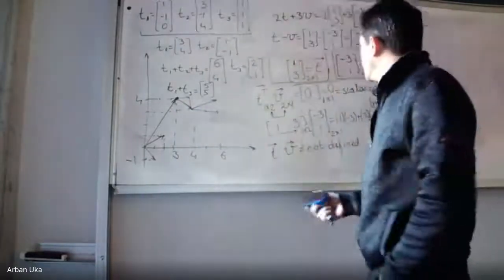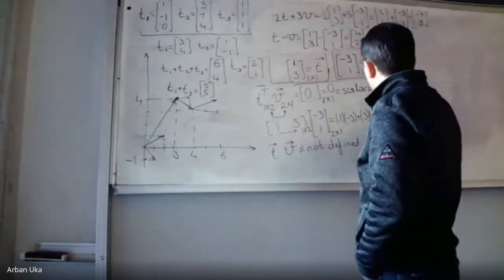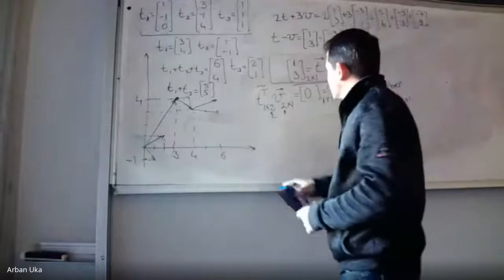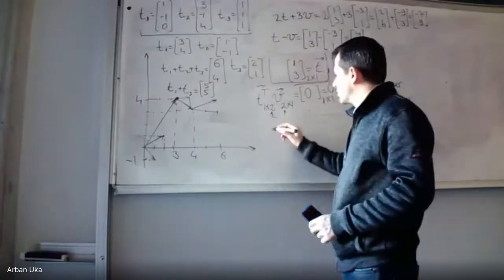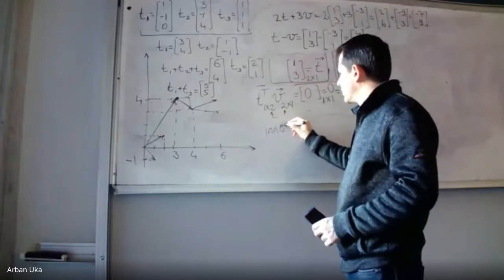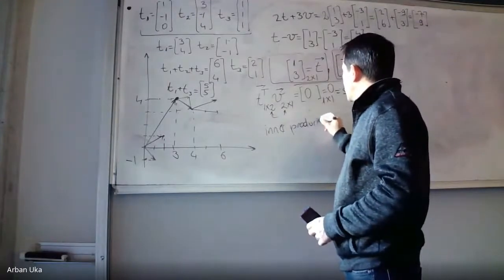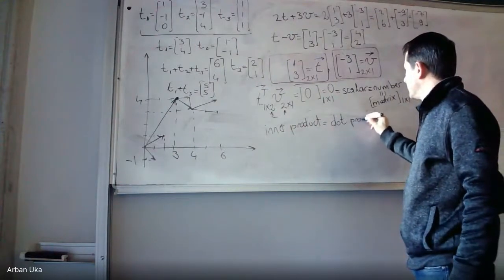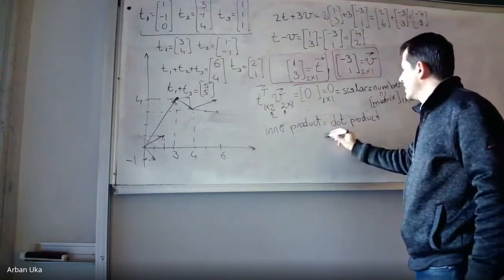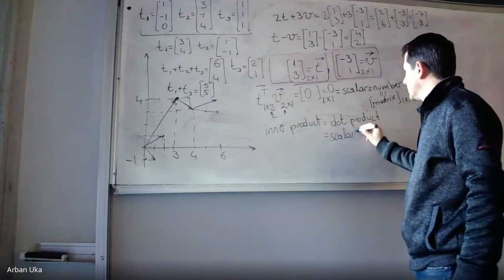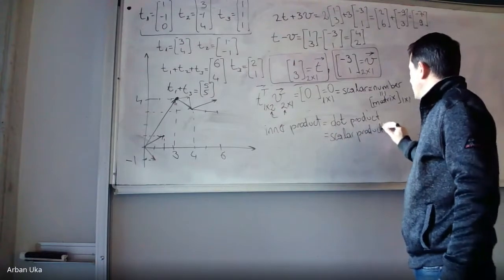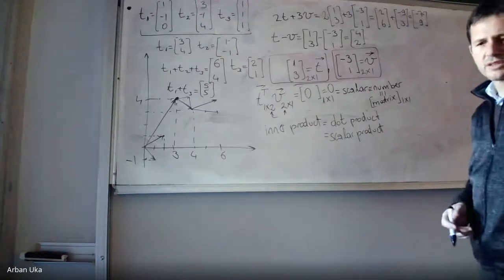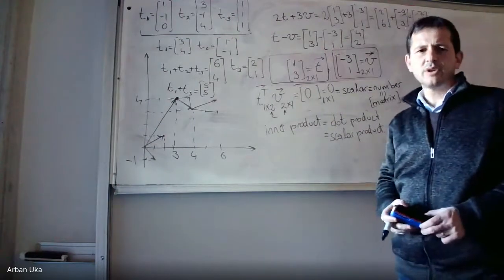A very important concept in the use of vectors is the inner product, also called the dot product or scalar product. If we have two vectors and find their inner product, we get a scalar quantity.